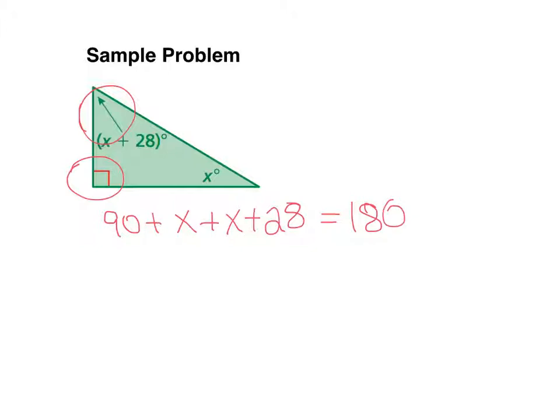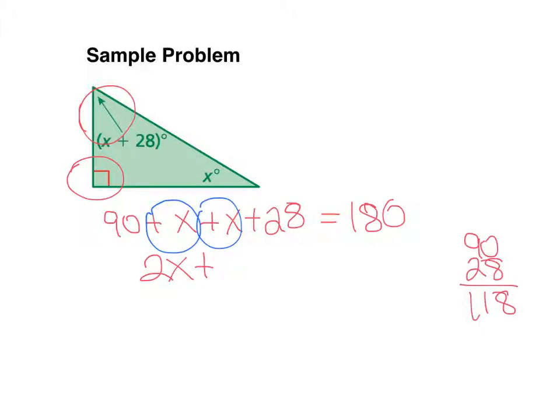Well, let's go ahead and combine like terms. So I know that I have x and x, which would give me 2x, and I have 90 plus 28, which would be 118, and all of that is going to equal 180.